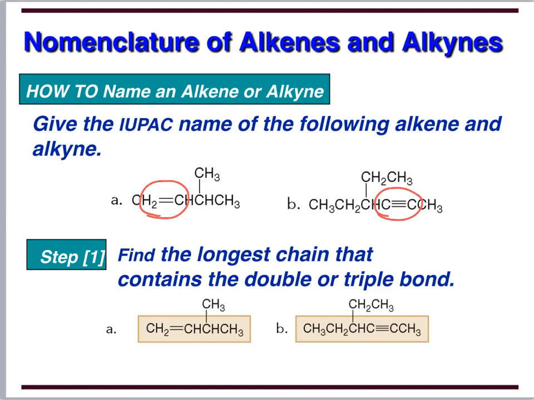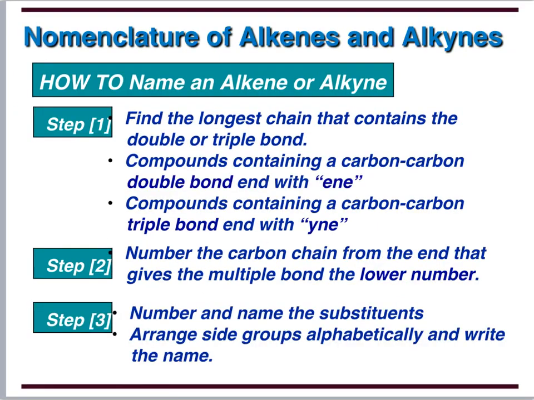Now, keeping in mind it must contain the double and triple bond. So when you're finding that longest chain, it can't be just a branch, it has to actually contain that multiple bond. Okay, so you can see there blocked out in brown is the longest chain that contains that multiple bond.